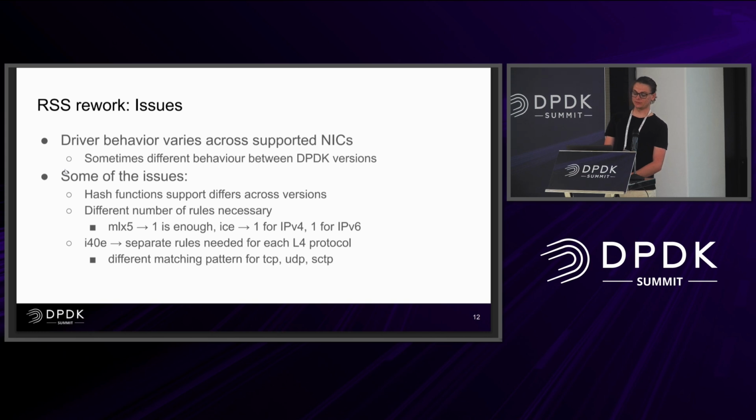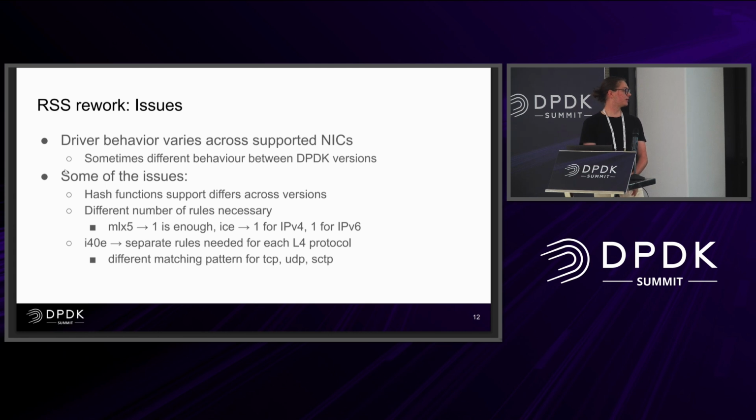For example, MLX5 needs just one generic rule for all the traffic that comes into the NIC and can redistribute the traffic just thanks to this one rule. But for the ICE PMD, there is one rule for the IPv4 traffic, one rule for the IPv6 traffic, and the L4 protocol doesn't matter.